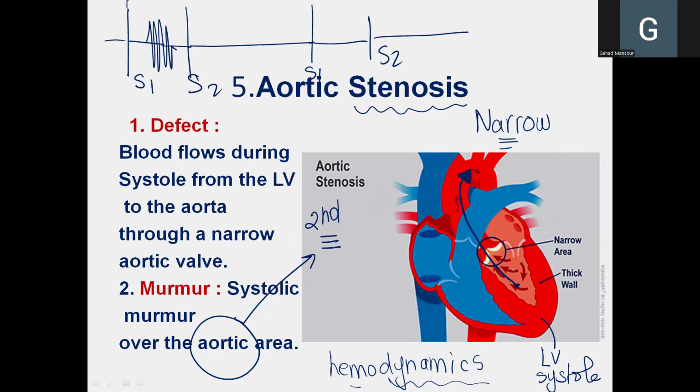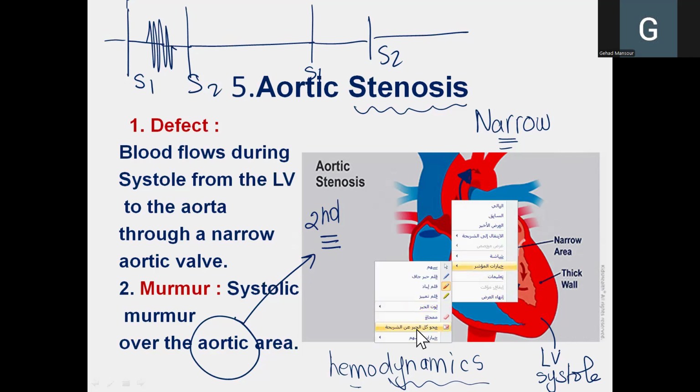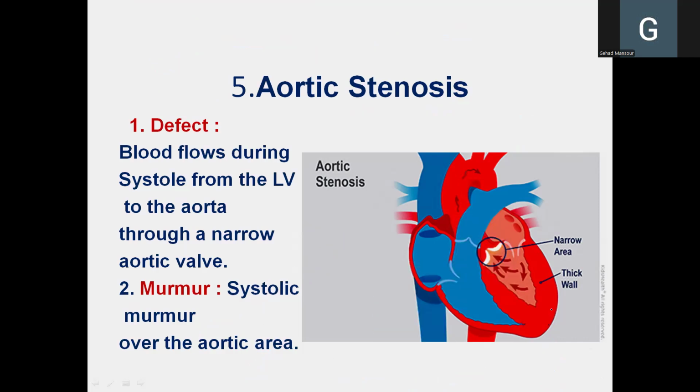Of course, if you have aortic stenosis, then the left ventricle will make much more effort to pump the blood into the aorta, and the aorta will receive less blood. So here we have a thicker wall, and the left ventricle will undergo what we call left ventricular hypertrophy.